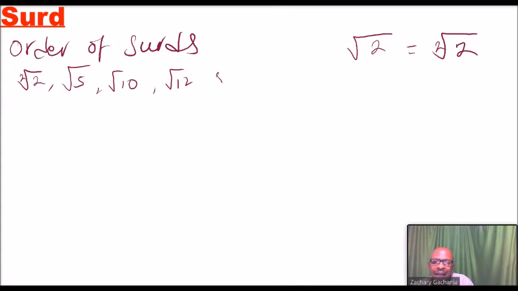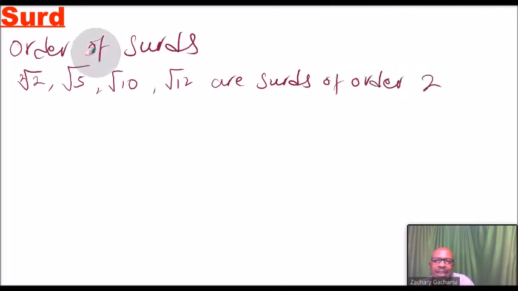We call these surds of order 2. What we look for here is this number that we write before the root sign.